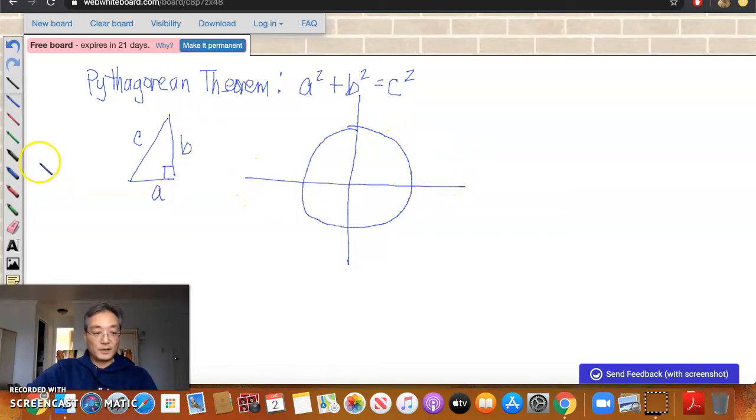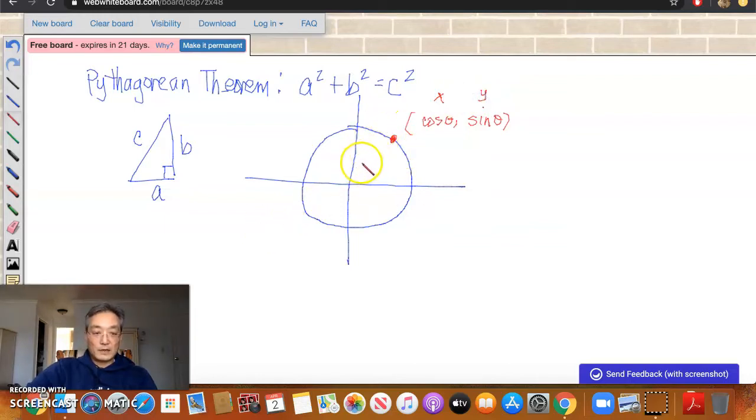Now I'm going to draw a point on the unit circle, let's say this point right here. And I label that point cosine theta, sine theta, correct? Again, that's x and that's y.